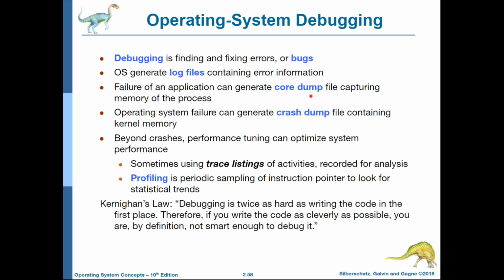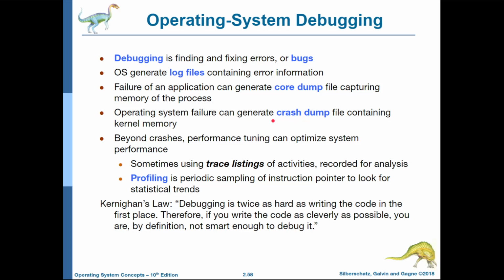And a core dump you view through a debugger. Well, an operating system kernel is just application 0. It's the first thing that's loaded on your computer. And if the operating system dies, you can get a crash dump that contains all the data that was in kernel memory when the kernel died. And just like with an application core dump, you can use a debugger to view an OS crash dump.